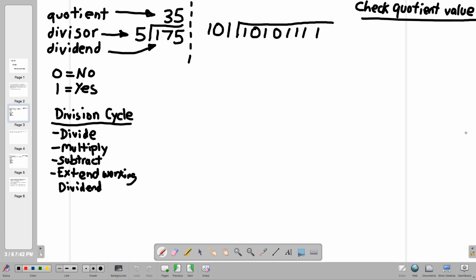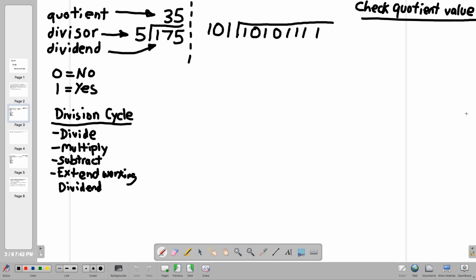I have a few notes towards the left. As we divide, you're going to see that if the answer to a question is no, then that value is 0. And if the answer to that same question is yes, that's 1. This is also related to the division cycle.